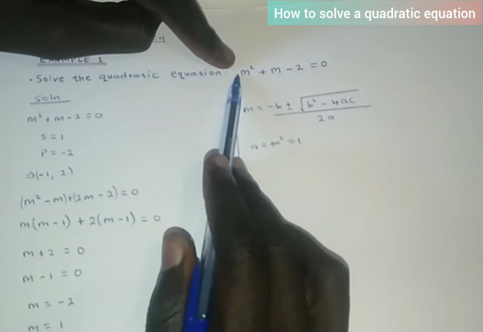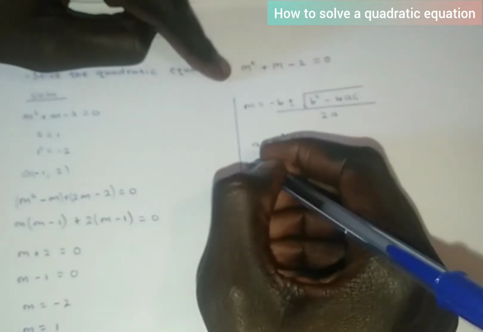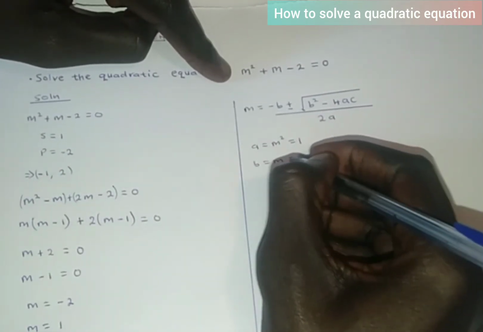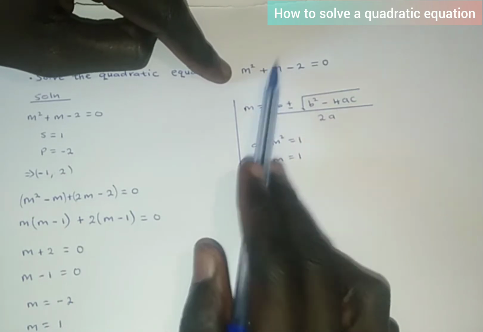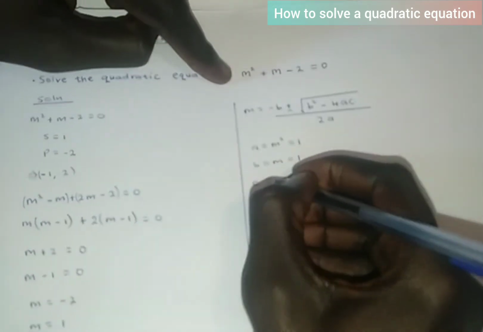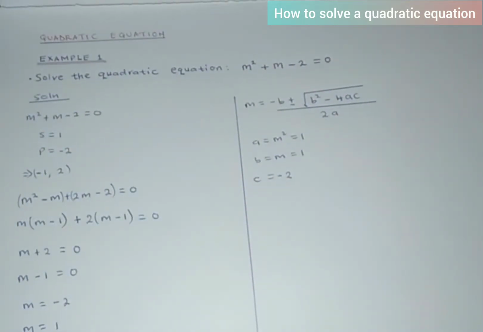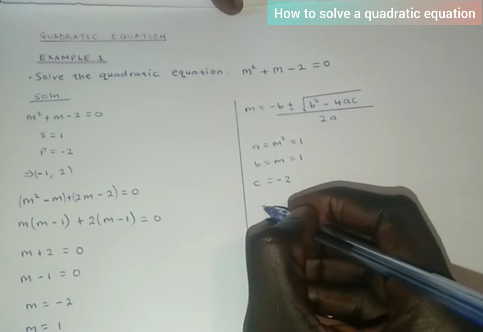This is like 1m squared. Then b is 1, like 1m, and our c is -2.